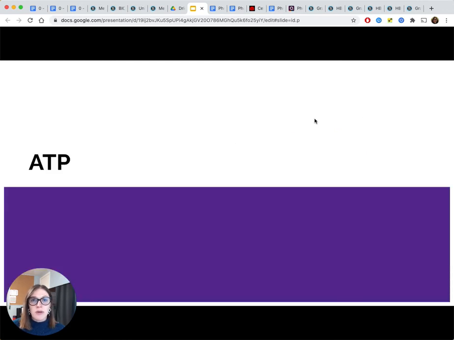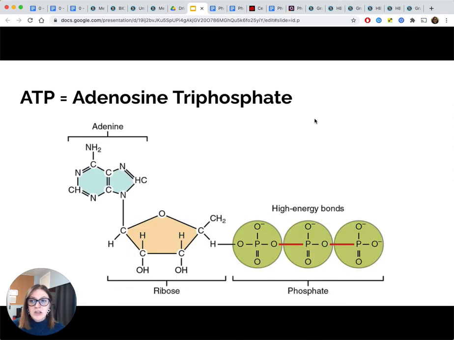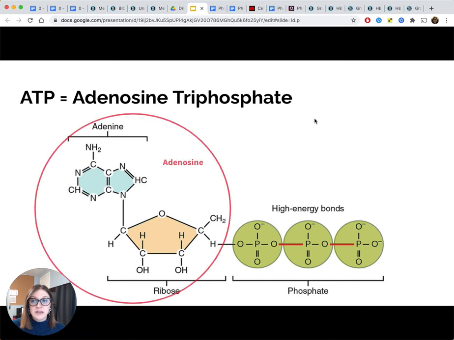So let's learn more about this ATP molecule and how exactly it provides energy. If you take a look at this molecule of ATP, it's a lot more complex than the very simple glucose molecule. So although it carries less energy, its structure is still more complex. The A in ATP stands for adenosine, which is the majority of this compound.